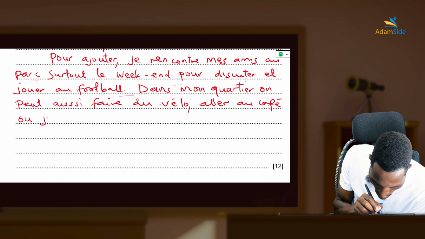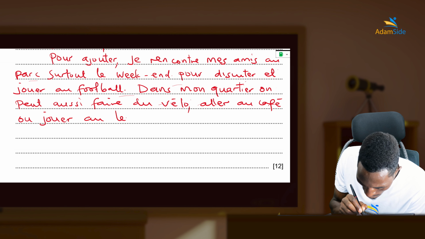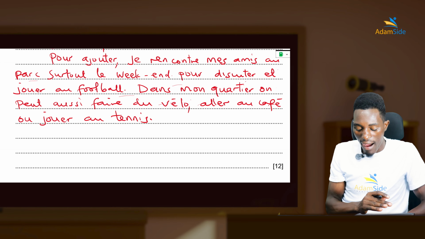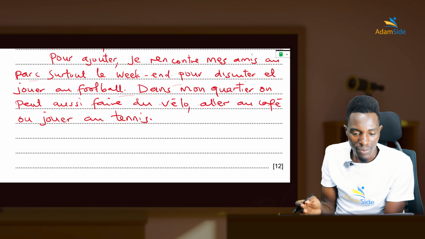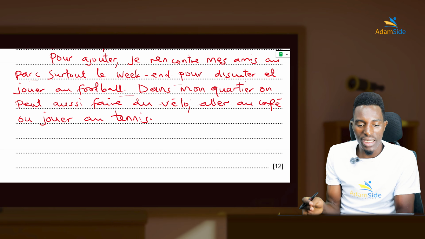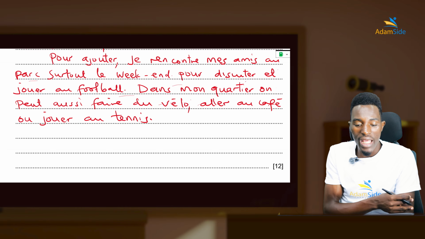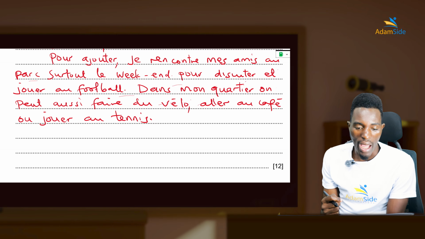Ou jouer au tennis. You can play tennis. So if you see here, I have explained what activities are done in my area. Together, the next question is, qu'est-ce que vous n'aimez pas dans votre quartier? What don't you like in your area?